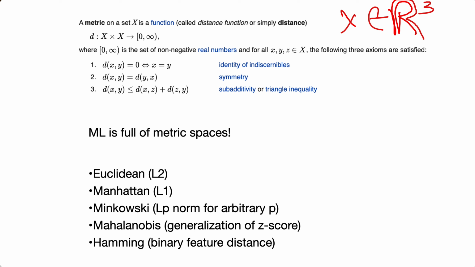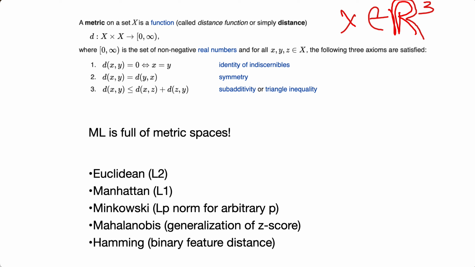Another thing is that a metric should be symmetric. That is, the distance between x and y should be the same as the distance between y and x. And then the last one you'll recognize as the Pythagorean theorem, at least in Euclidean space.